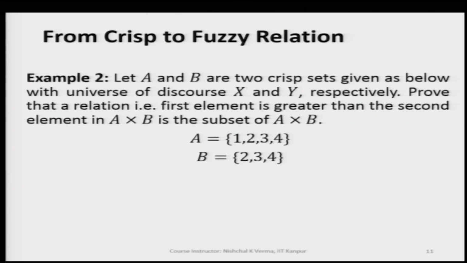So, let us take an example to understand the crisp relation. Here we are taking two crisp sets A and B, and let us first find the Cartesian product of these two sets.